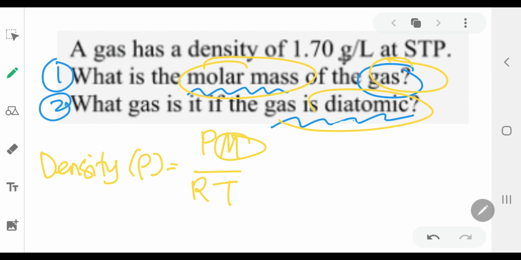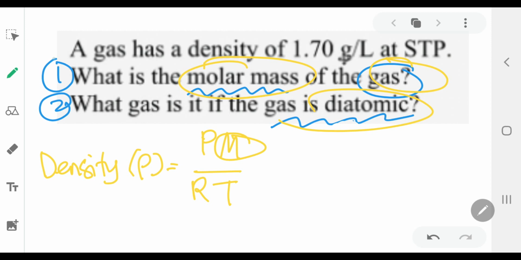So the first thing you need to know is to think about what formula you need to use. We have a lot of formulas in states of matter: PV equals nRT, Boyle's law, Charles's law, Avogadro's law. It's very essential for you to read through the question and figure out what the question wants.